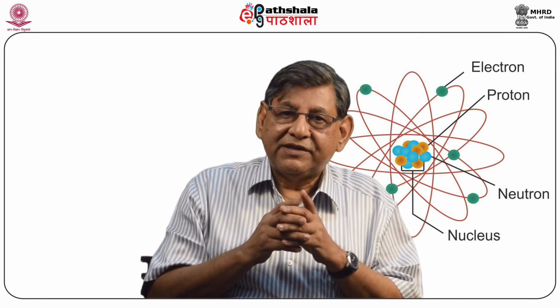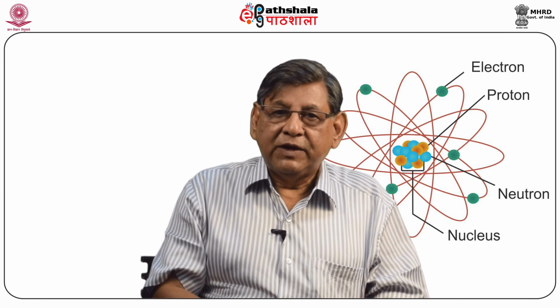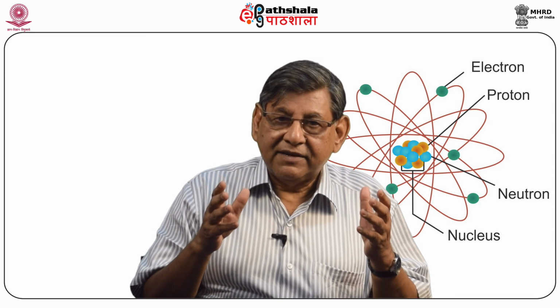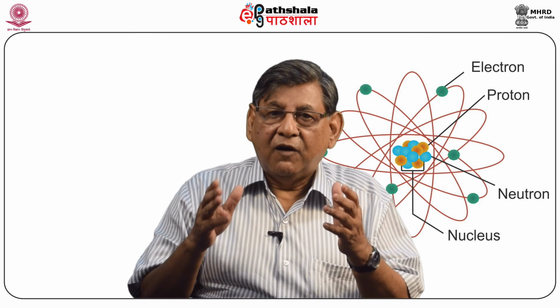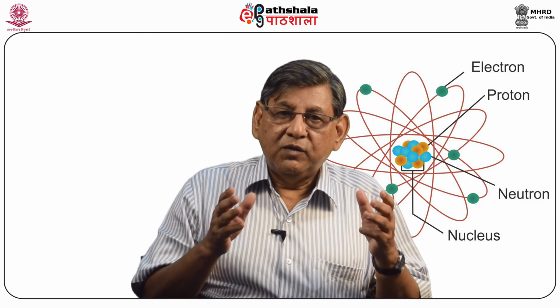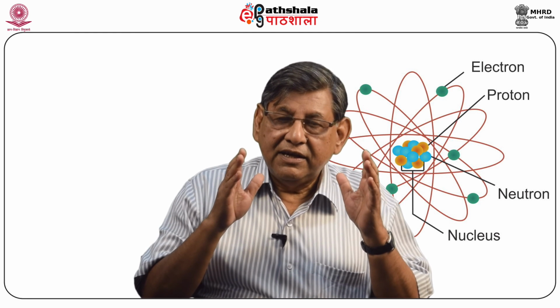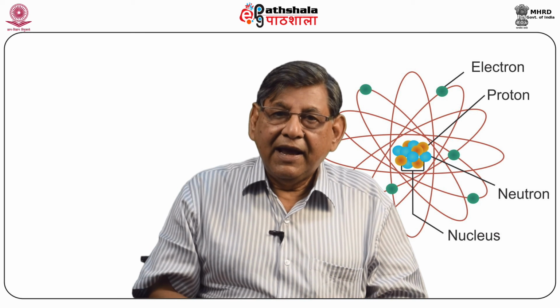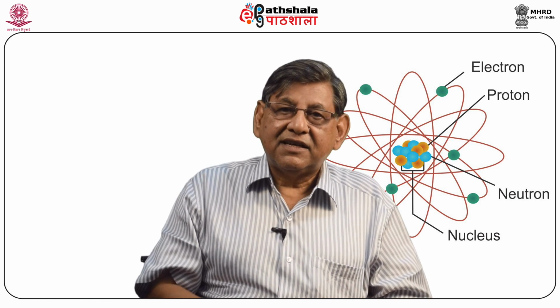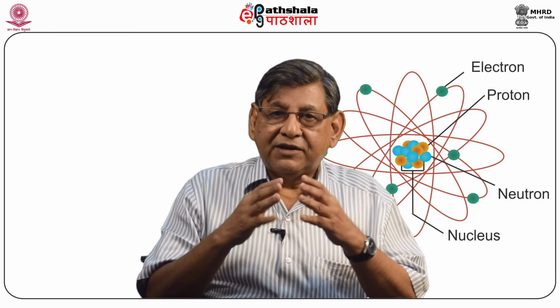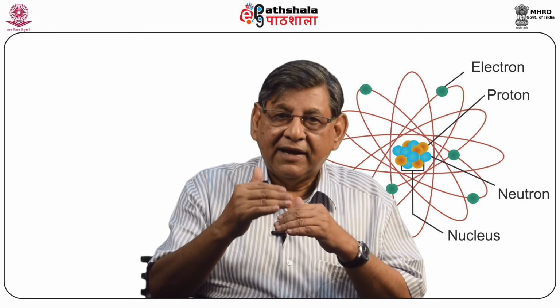And then number 3, we could explain the Balmer series of the hydrogen spectrum on the basis of Bohr's theory of the hydrogen atom. As you know, the Balmer series is the only series which appears in the visible region, and we have seen that this corresponds to the jump of electrons from one orbit to another.